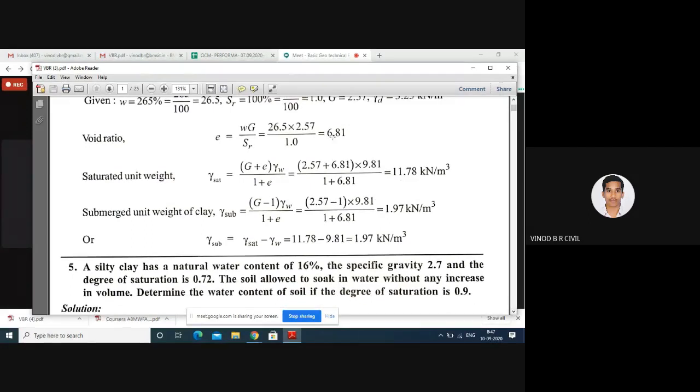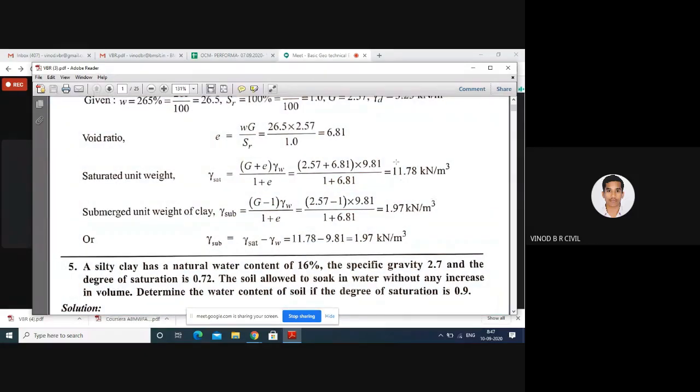Then gamma sat equals G plus E, where G is the specific gravity given in the problem and E you already calculated, into 9.81, the unit weight of water, divided by 1 plus E, where one is the constant value.